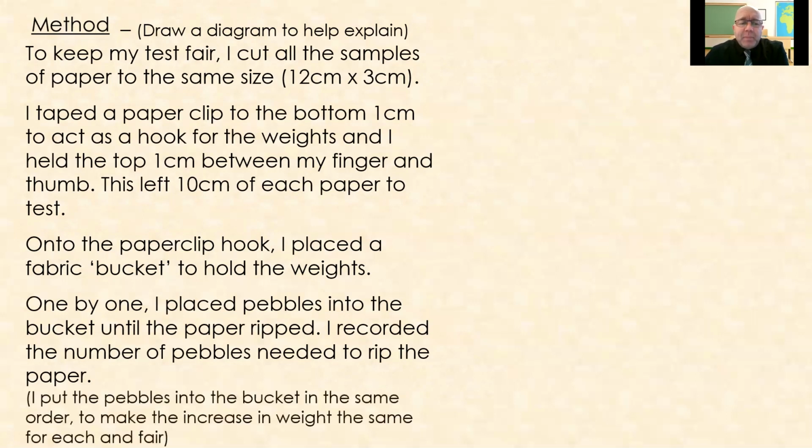So I put the pebbles into the bucket in the same order for each piece of paper. So each time they were going up by the same amount of weight. I was very, very careful to make it fair. So pebble 1 was pebble 1 for all 5 different types of paper. Pebble 2 was the same for all 5. That's how I made it as fair as I possibly could.